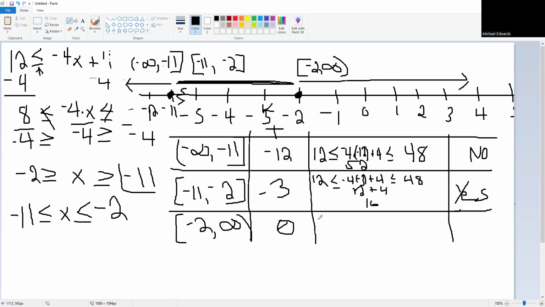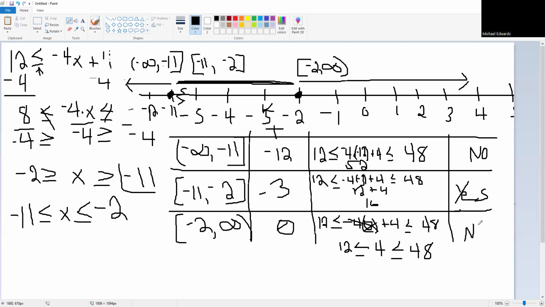Let's try our handy 0 here. 12 less than negative 4 times 0 plus 4 less than or equal to 48. So 0 would turn into nothing. So you're just left with 4. So it would look like this. Now, is that true? Is 12 less than 4?